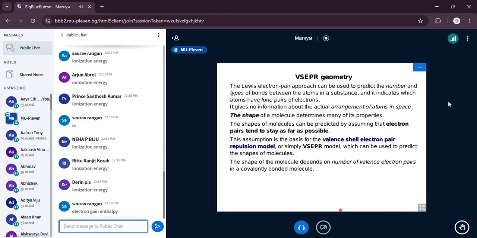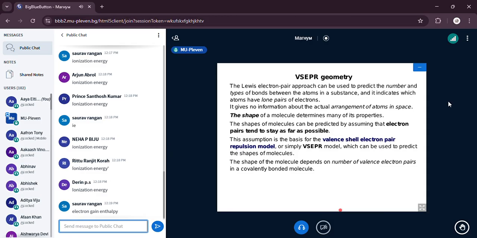Another model is applied to explain or to represent the shape of molecules, which is named the valence shell electron pair repulsion model, in brief, VSEPR model.